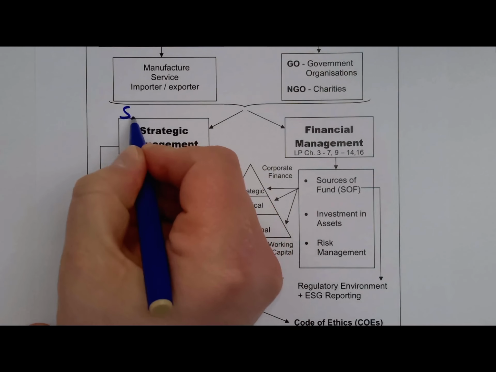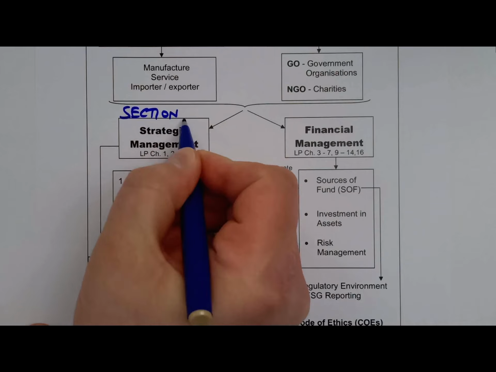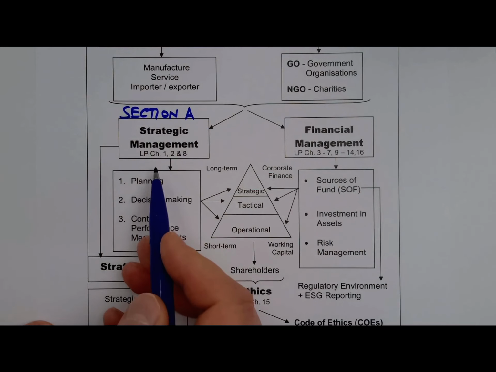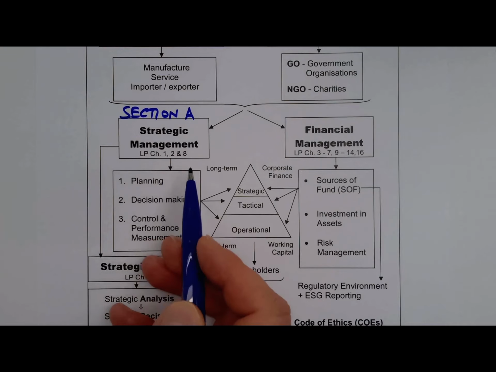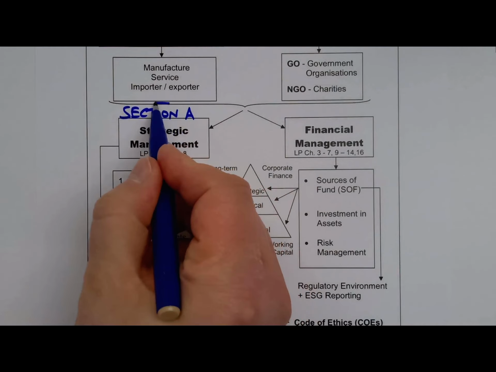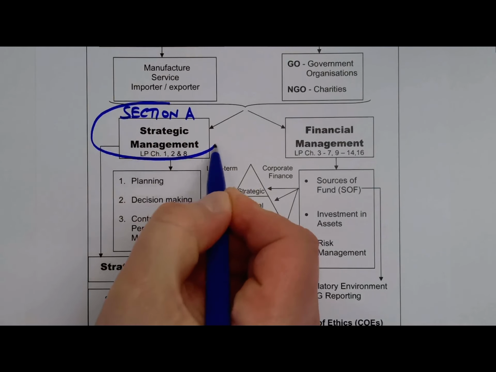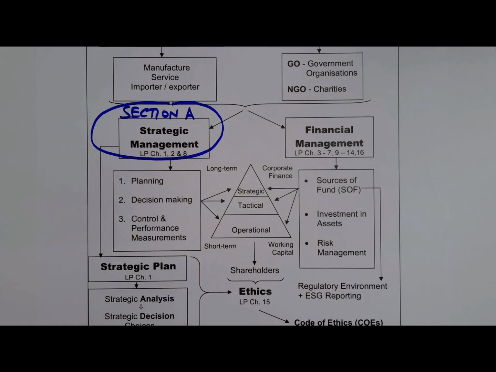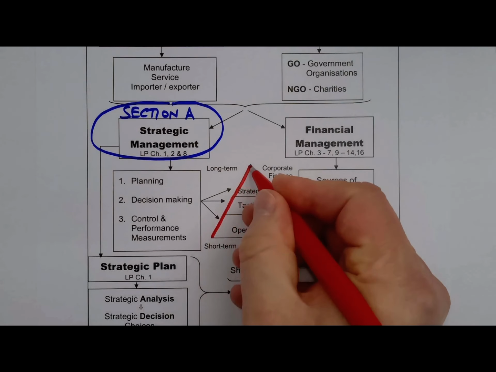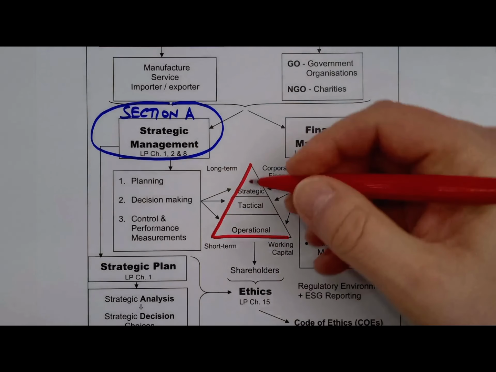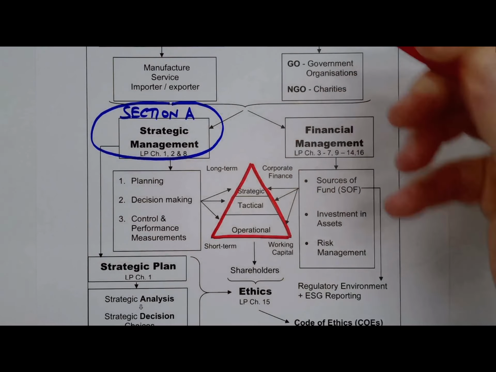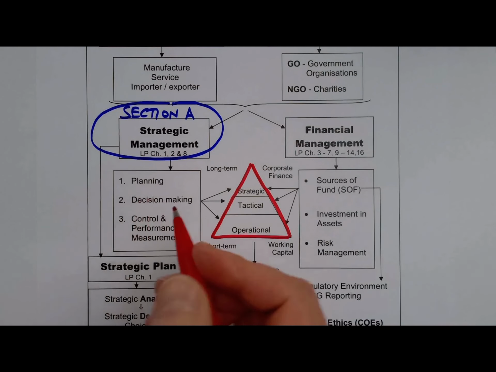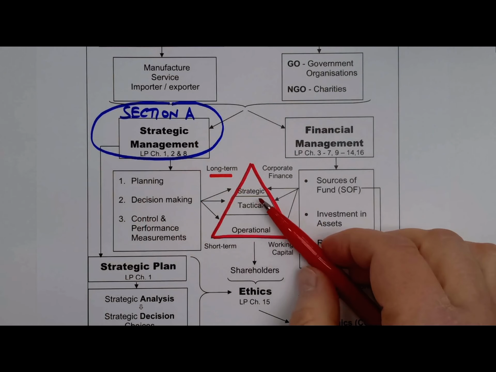With regard to strategic management, this is what we cover first of all in section A. This is in this set 1 set of notes, covering chapters 1, 2 and 8. Let's have a little look here at what we mean by strategic management, and let's use levels of an organization to make these points clear. What they can ask you about here is first of all planning, and they can ask for long-term planning.